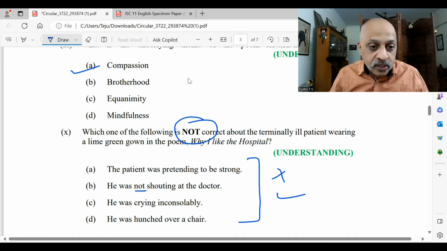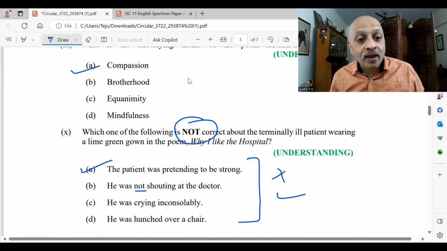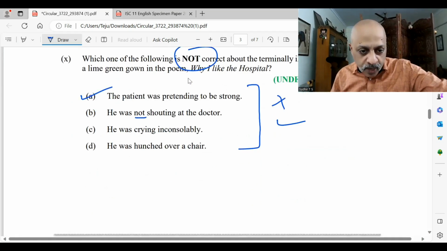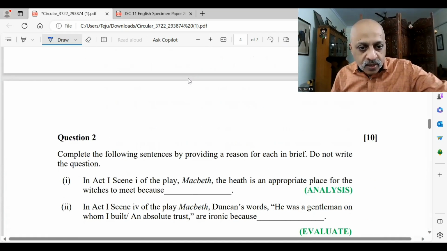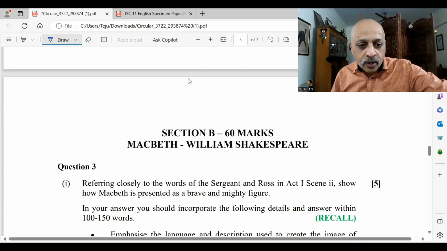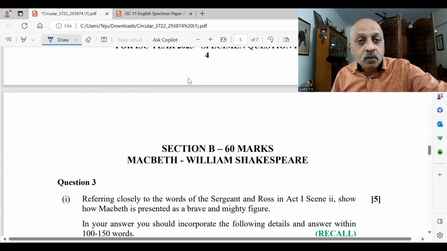You have to think logically. So इसमें correct answer is A. He was not pretending to be strong. So that is not true. Okay. Now, I want you to just see there are 10 reasoning questions, and thereafter you get the section B questions.